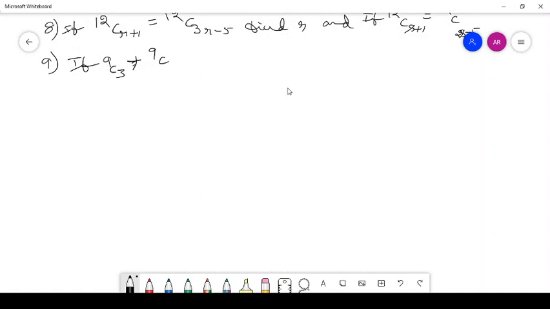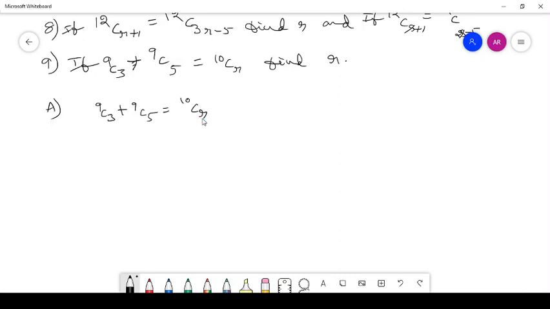If 9C3 plus 9C5 is equal to 10Cr, then find r. Given that 9C3 plus 9C5 is equal to 10Cr.